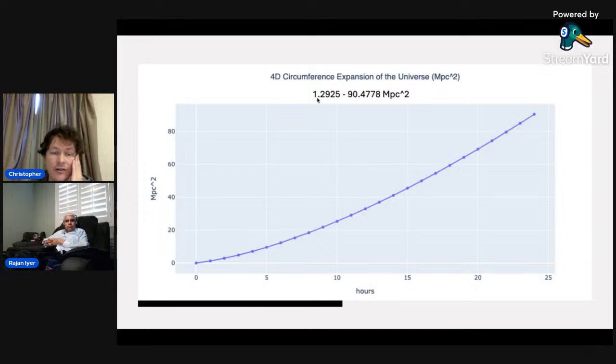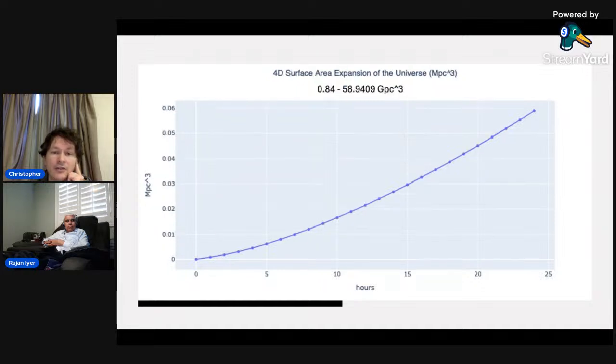We see that the circumference began at 1.29 megaparsecs and expanded up to 90 megaparsecs. We can do the same with the surface area expansion of the universe. We see that it began at 0.8 gigaparsecs cubed and winds up around 58.9 gigaparsecs cubed. So that's the surface area.